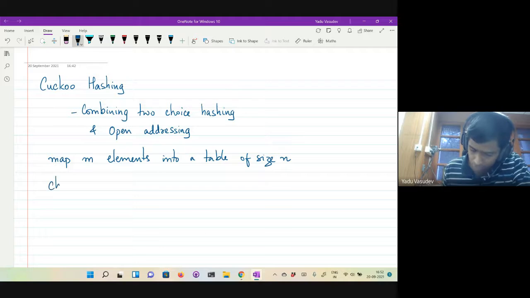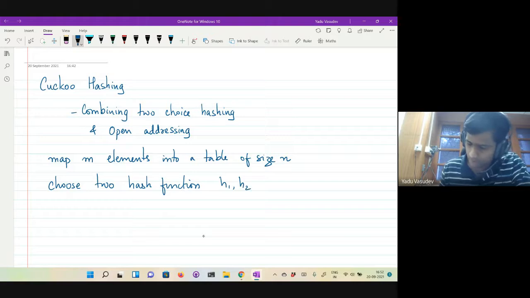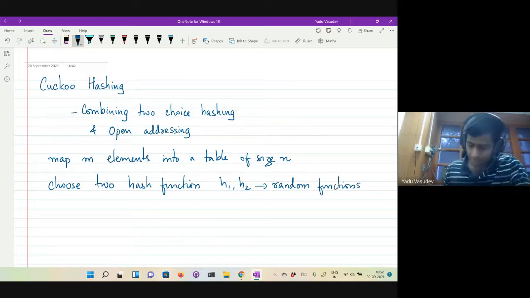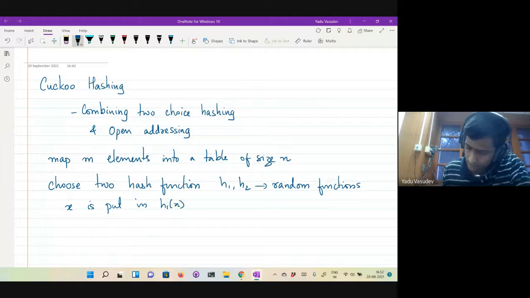And you choose two hash functions, H1 and H2. These are random hash functions. And what you do is every element x is put in h1(x) or h2(x), whichever is free, right?